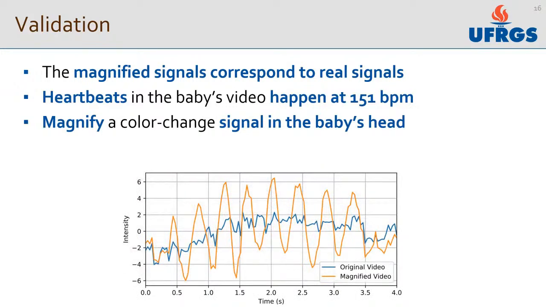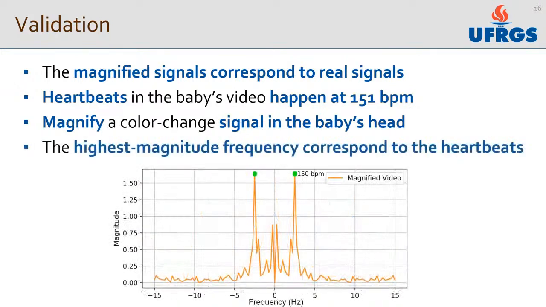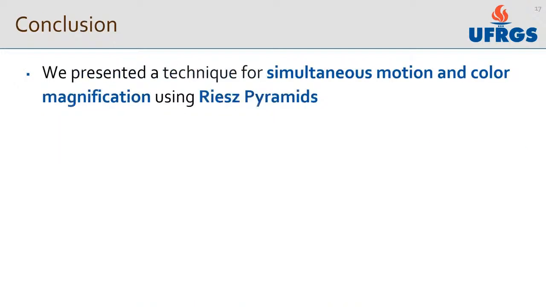By selecting the highest magnitude of the frequency spectrum, we can obtain an estimate of the baby's heartbeat from the video. In this case, we obtain the value of 150 beats per minute, which is very close to the actual answer of 151.